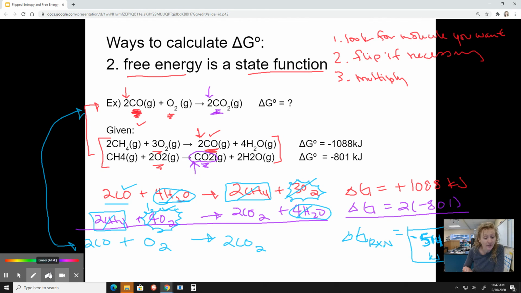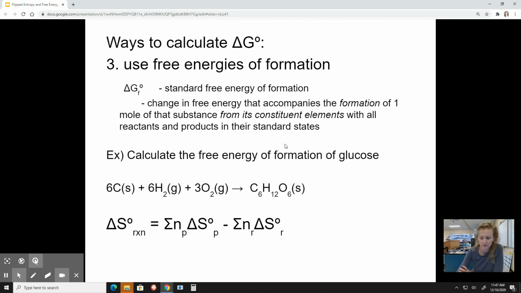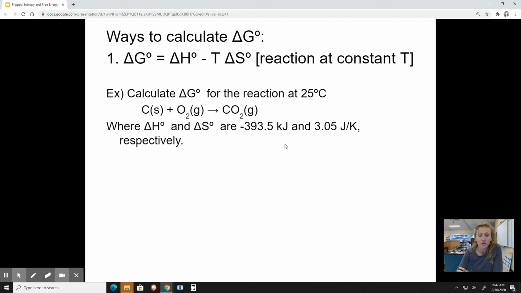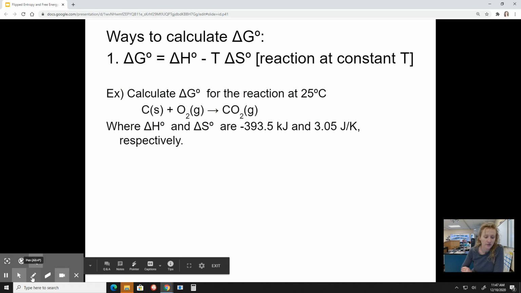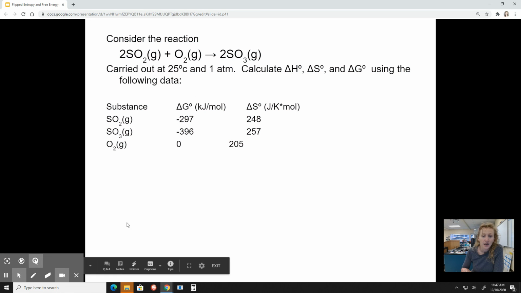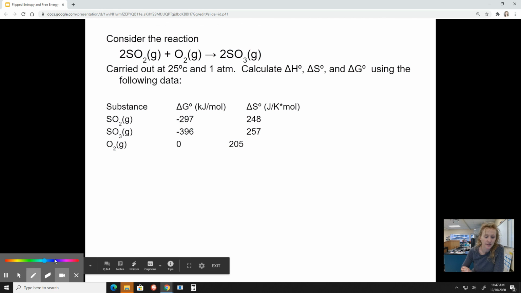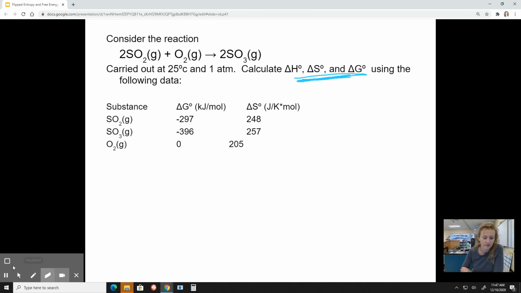All right, so we have covered the 3 ways to calculate delta G. Let's go back and recap. I can use this first equation to calculate delta G as long as I have change in enthalpies and change in entropies. I may have to find some of the changes in entropies and enthalpies in order to use that equation, but I can do that.